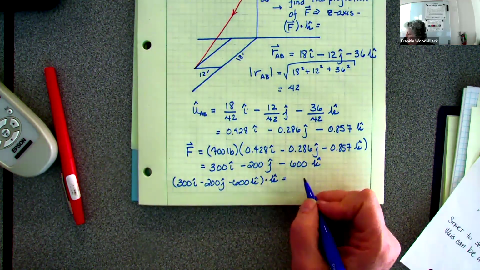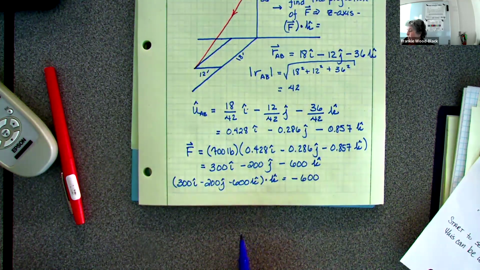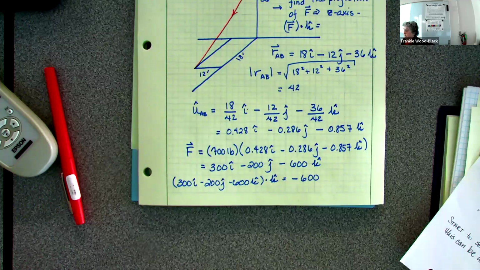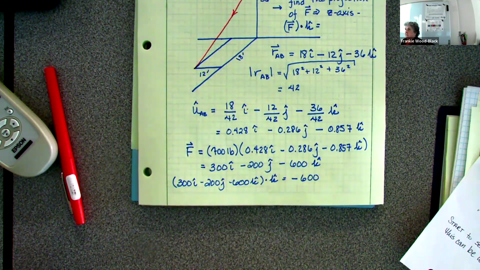And this is going to end up being minus 600, if I'm looking for the projection on the z-axis. This would also be the magnitude of the force acting in the z-axis.